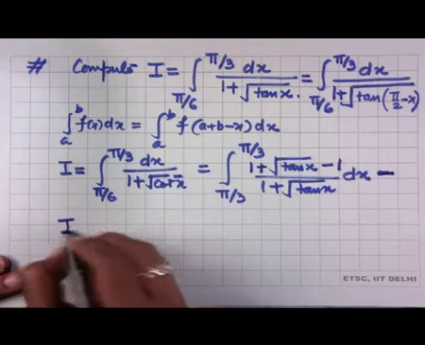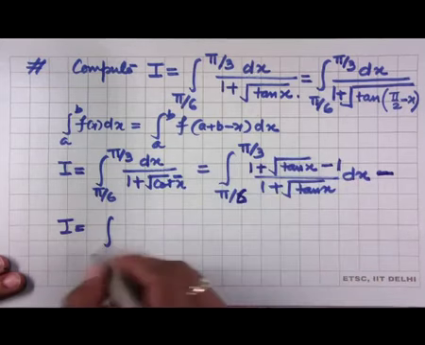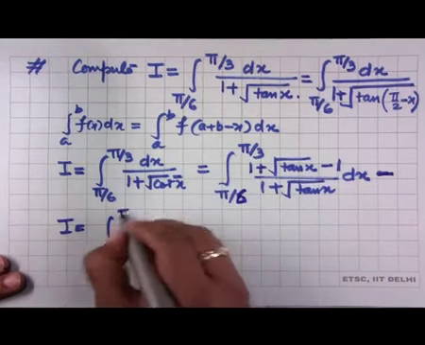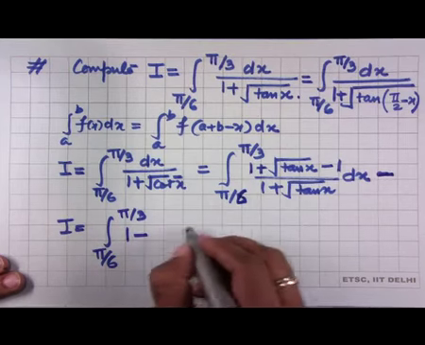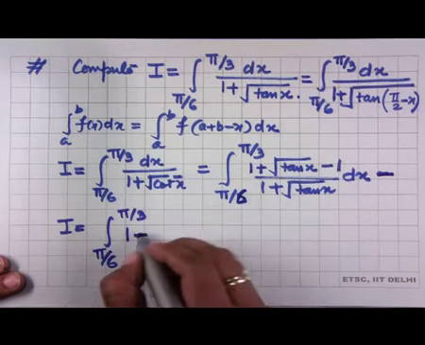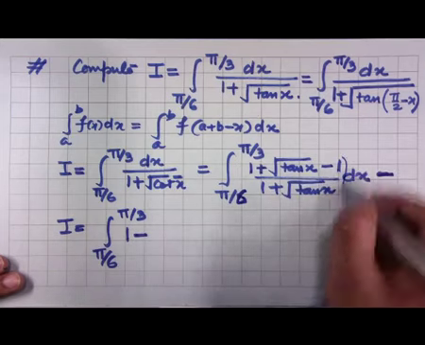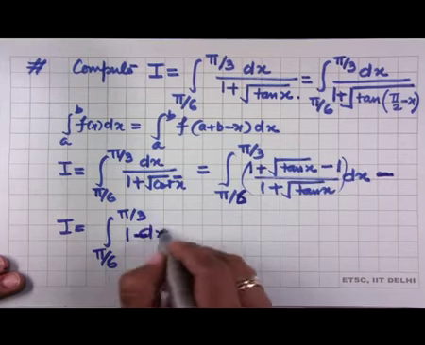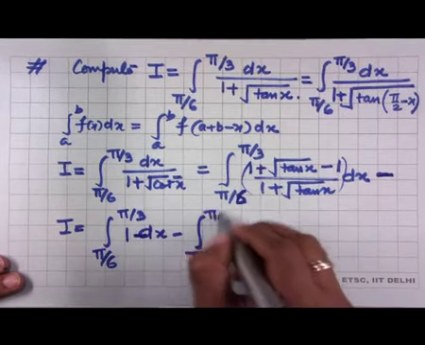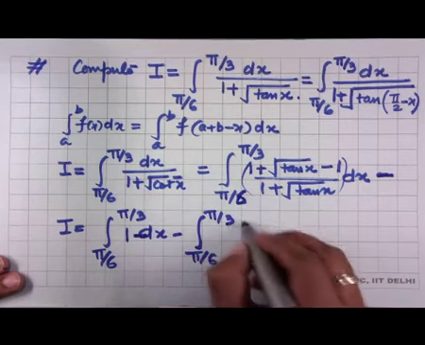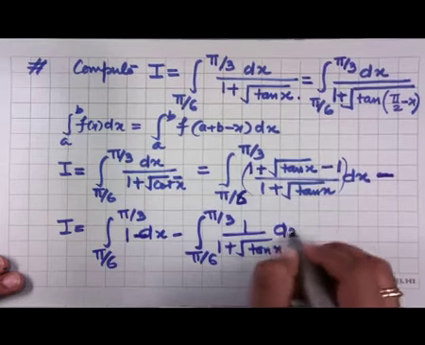So you get I equals to pi, this is pi by 6 to pi by 3, 1 minus... so this we can break it into two parts. So one integral like this, then another one pi by 6 to pi by 3, 1 by 1 plus under root tan x dx.